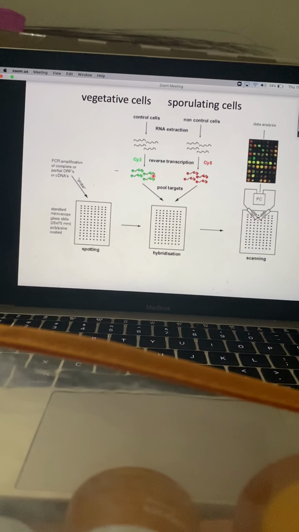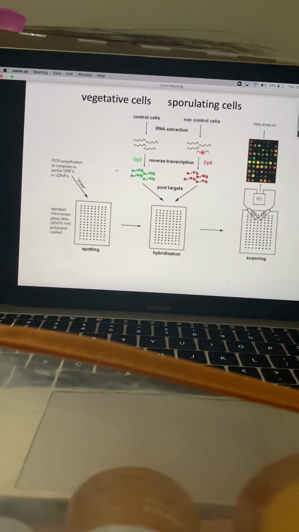Okay, so you have the green, and now here you have the cells undergoing meiosis and sporulation. You isolate the RNA at different time points. So I'll show you how many time points this is.